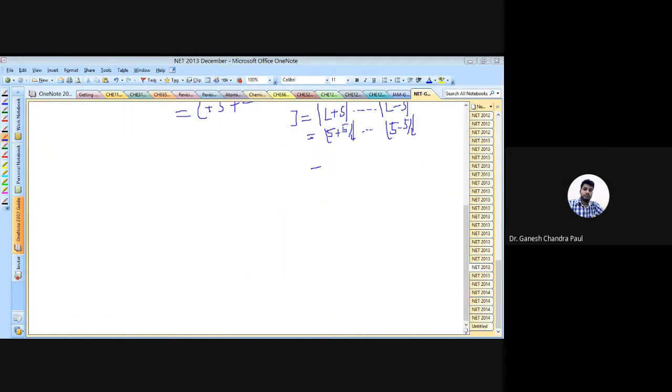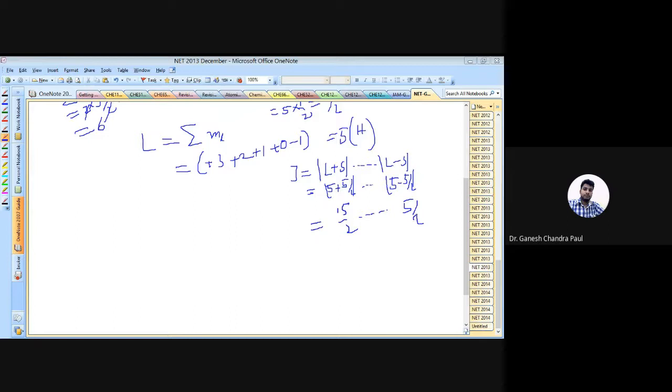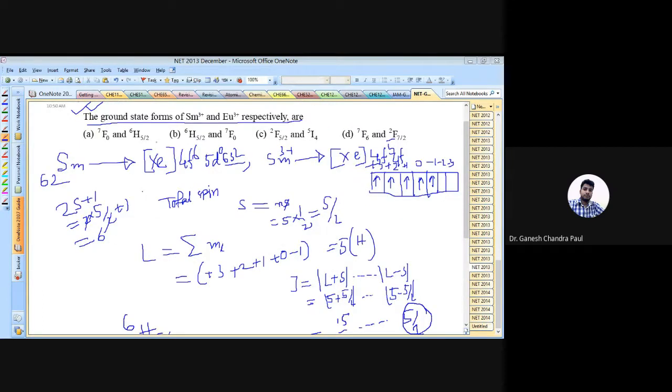Therefore from there you will get two values: 15 by 2, and we will get the lowest value, that is 5 by 2. As I already mentioned, it is less than half filled, so the ground state term you have to consider is the sextet H 5 by 2. Now if you look at the options, in the case of samarium 3+, that option is absolutely matching, right?